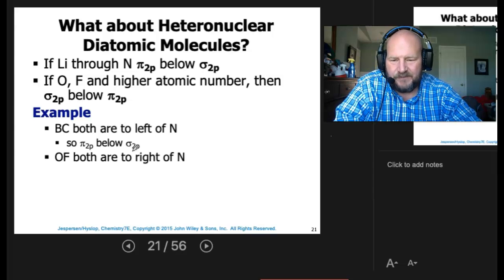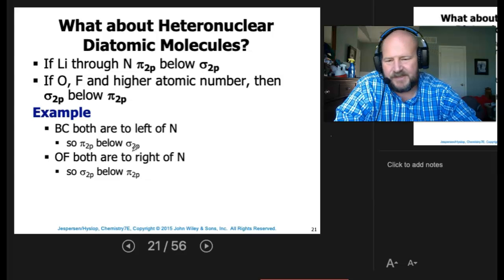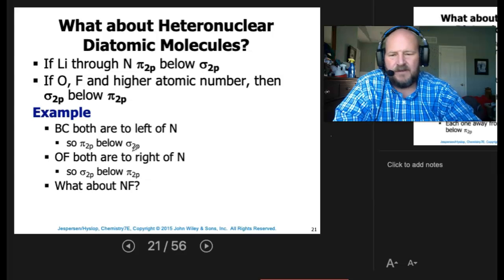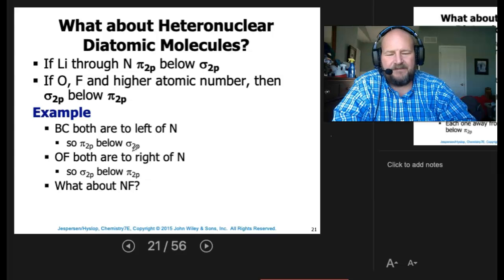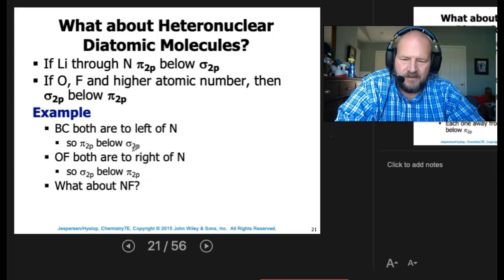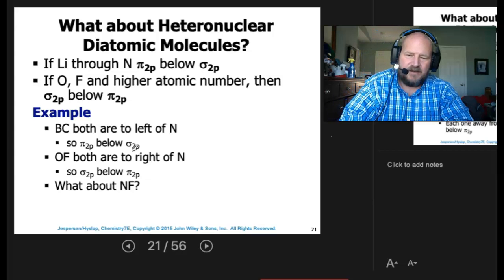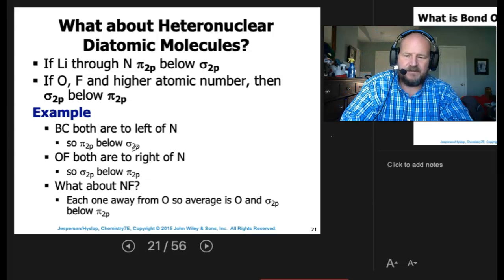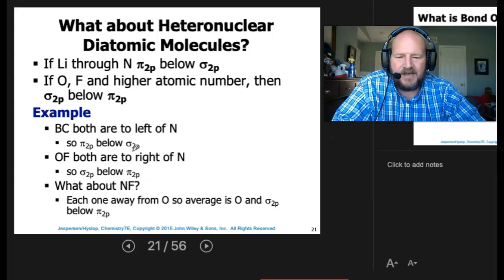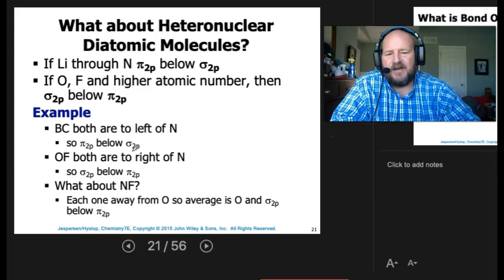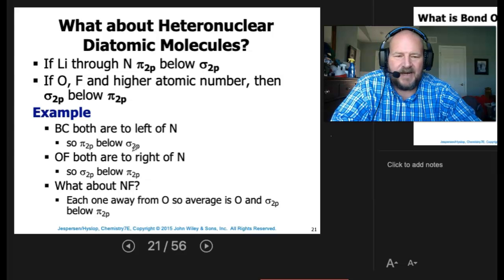OF though, both are to the right, so now the sigma is below the pi. But what about NF, right? Fluorine should be below, but nitrogen we should see above, each one away from oxygen, so the average is oxygen, and sigma 2p below pi 2p.